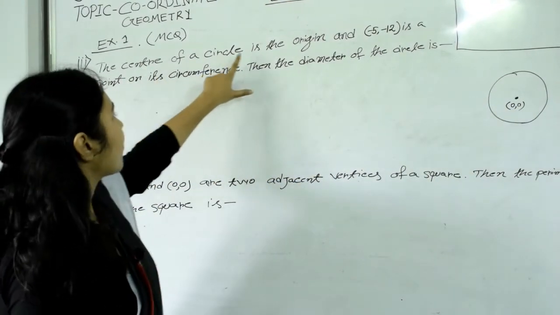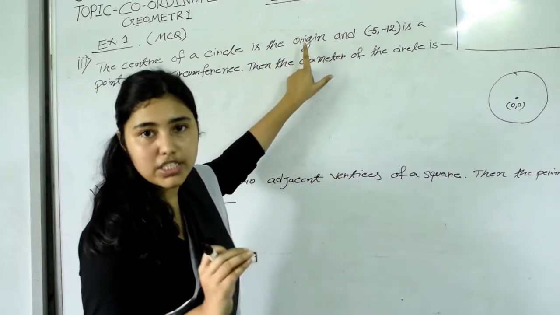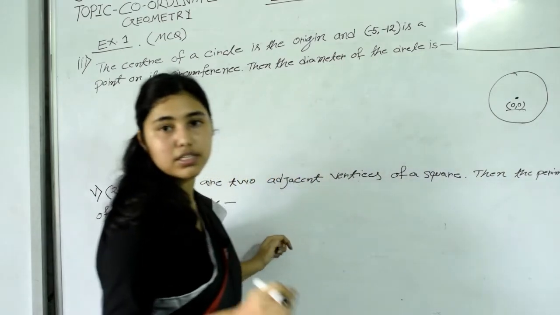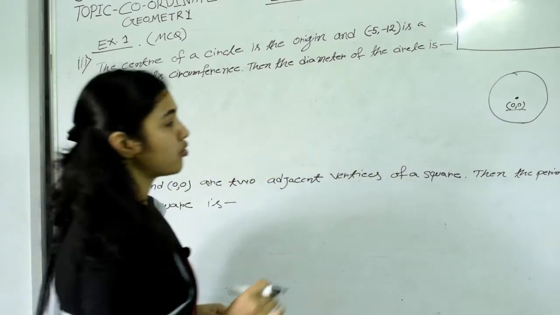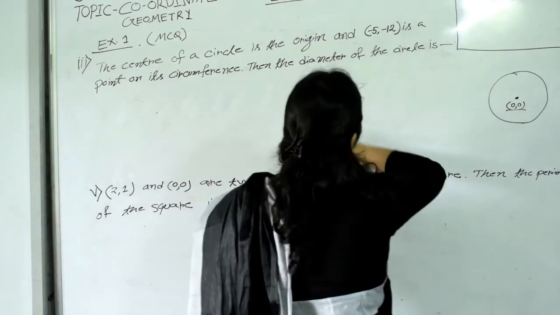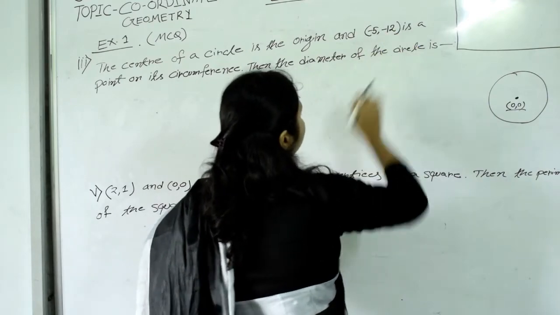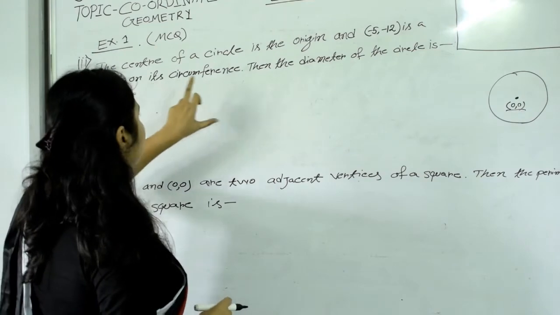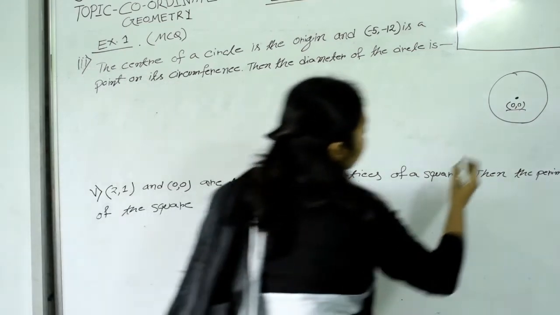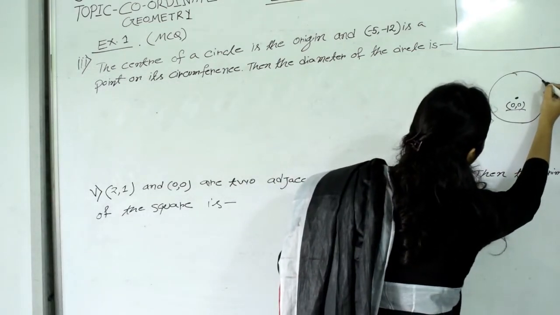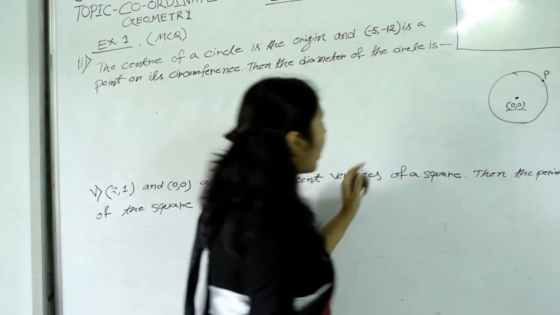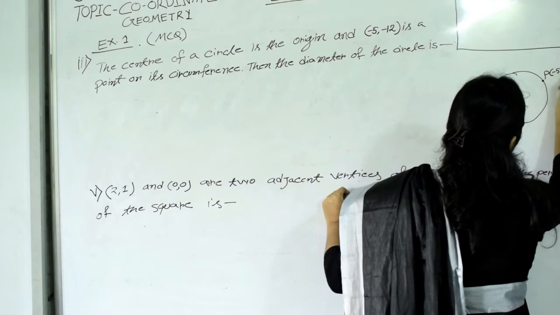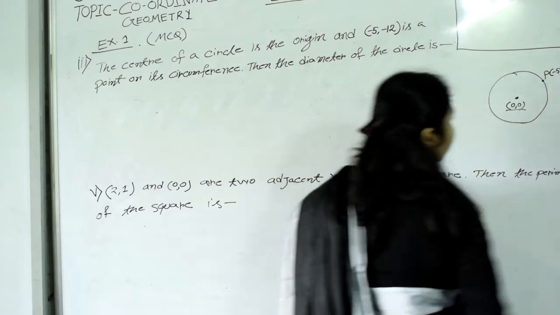Because the center of a circle is the origin. That's why we are taking 0, 0 as the center of this circle. And minus 5 and minus 12 is a point on its circumference. So suppose consider here a point P and the coordinate of this point is minus 5 and minus 12.